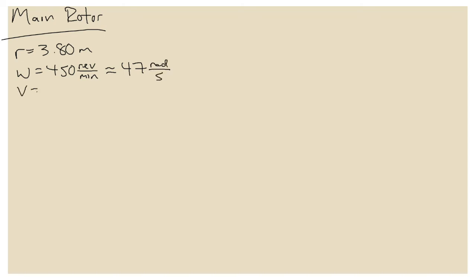And we are looking for the velocity of the tip. That's why we're using the full radius, because the tip of the rotor, or the tip of the propeller, whatever you want to call it, is at the very end of that radial distance. So according to the equation we just derived, V equals R omega. And so we have R, 3.80 meters, times 47 radians per second.